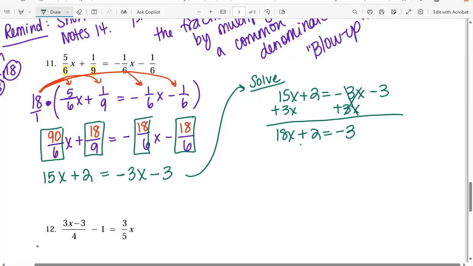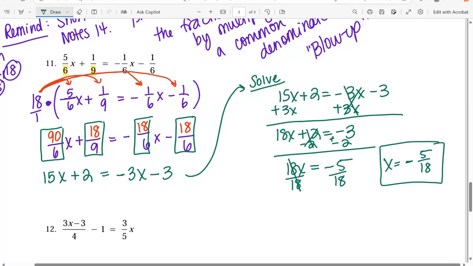Now to get x alone, let's subtract 2 to the other side. 18x equals negative 2 plus, negative 3 plus negative 2 is negative 5. And last but not least, break the 18 away using division. x equals negative 5 over 18, which will not reduce.